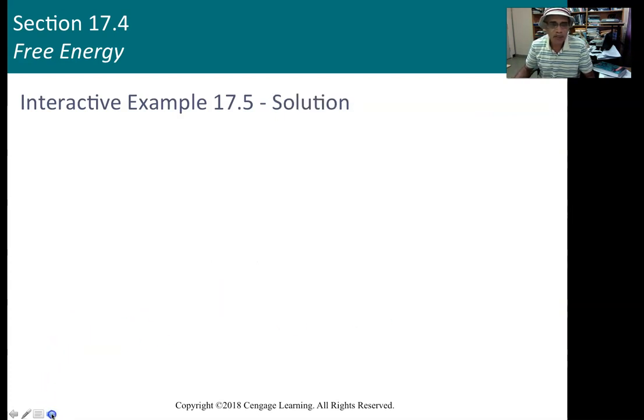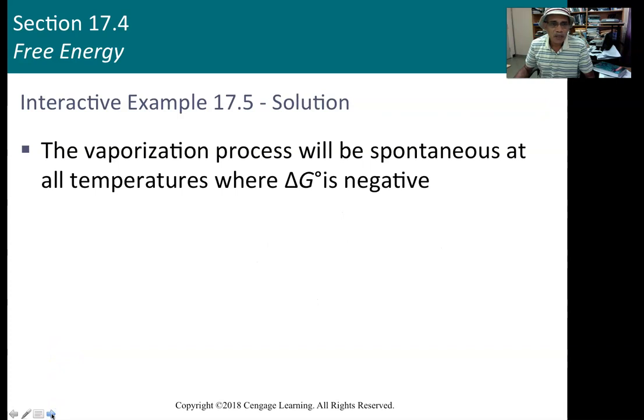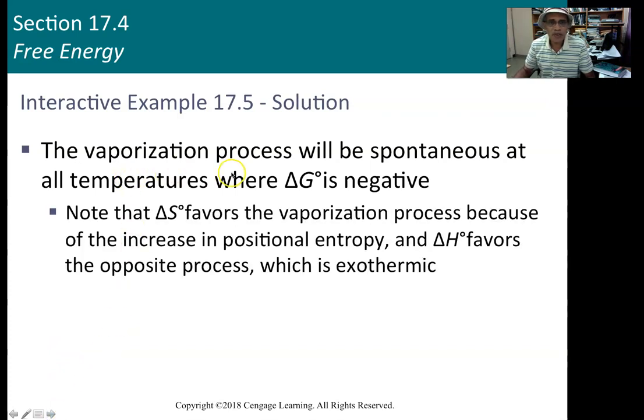So let's look at this. First, the vaporization process will be spontaneous. We should know that because you are increasing the degree of disorder, the increase in the probability of the entropy, or the probability of the microstates.